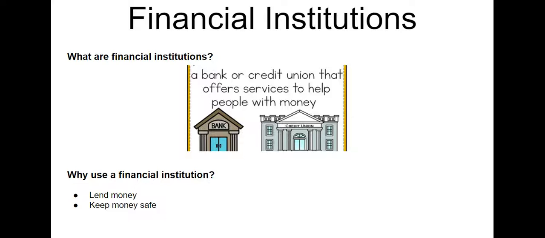In order for me to get a home, I had to have a financial institution lend me money because I don't have all that money to just pay toward a house. And then the other thing is it keeps money safe. If I'm trying to save money, this is a place I can put it and I know it's in a safe spot.